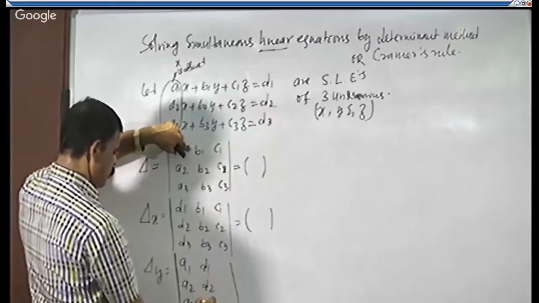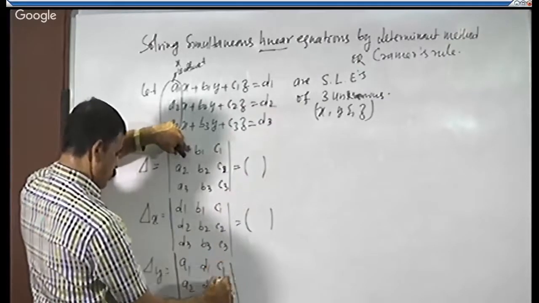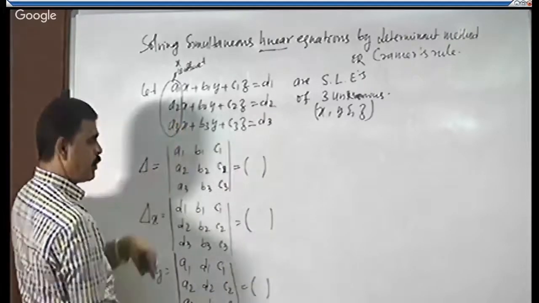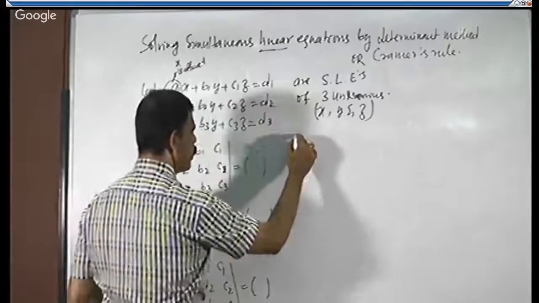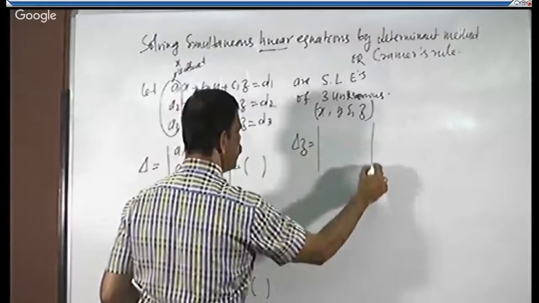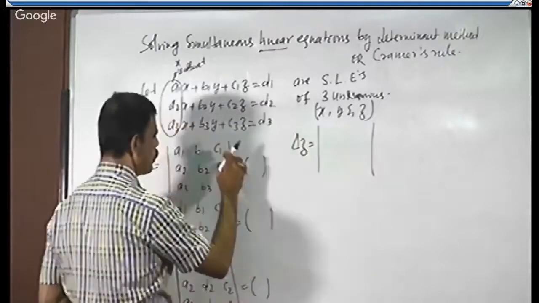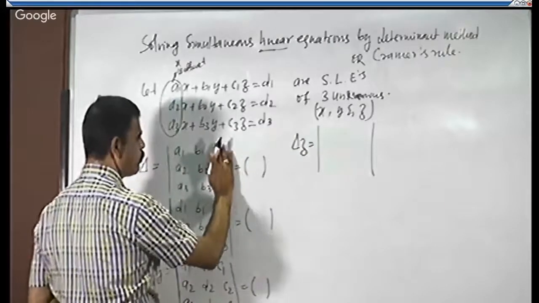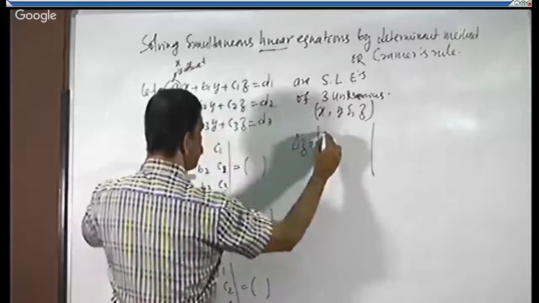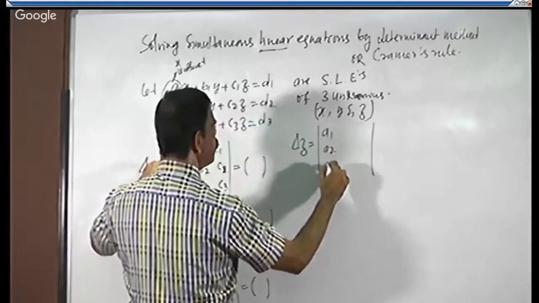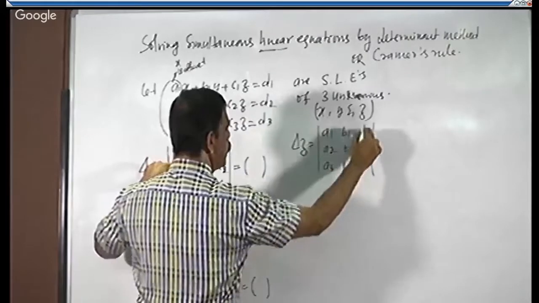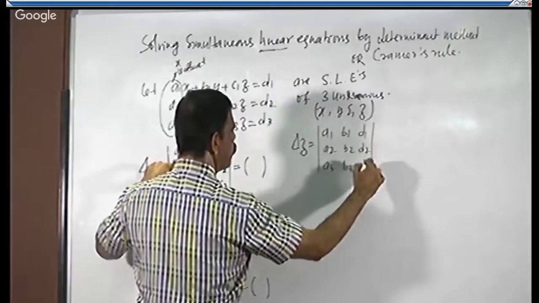C1, C2, C3 will remain. This is delta y. Then get delta z. Delta z, z is third unknown, whose coefficients are C1, C2, C3. They should be replaced by what? Constants D1, D2, D3. That is A1, A2, A3, B1, B2, B3, D1, D2, D3.